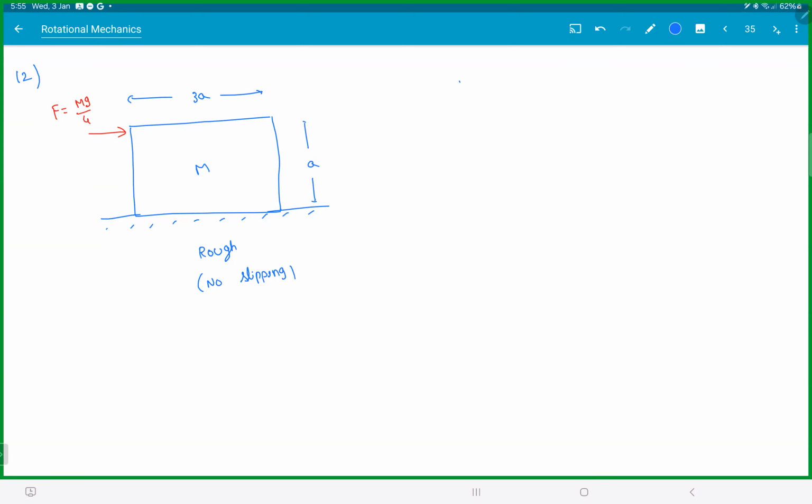So, first question, find position of the normal reaction. Where will N act? Second, find F max, so maximum force, if body does not topple.